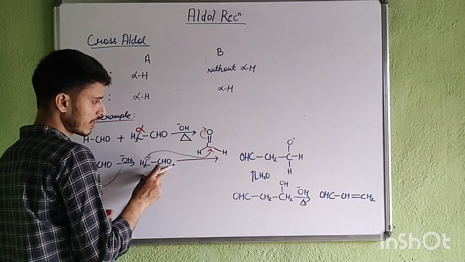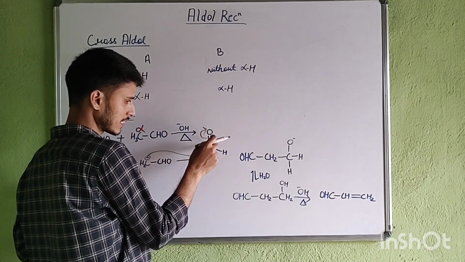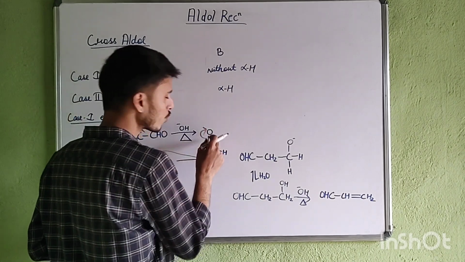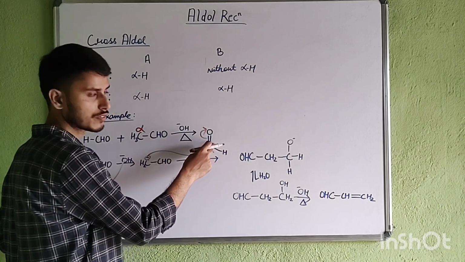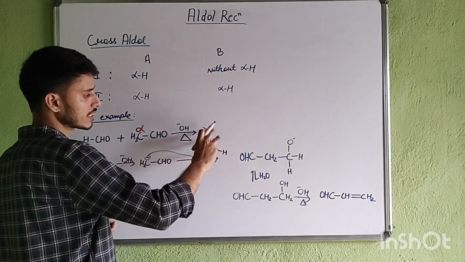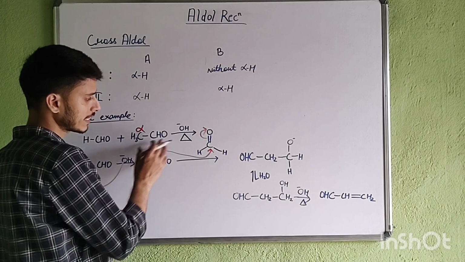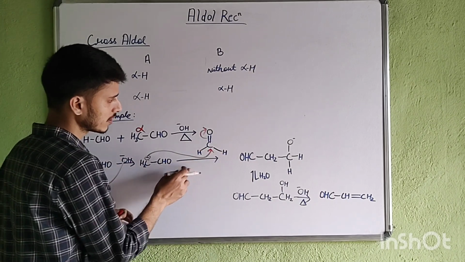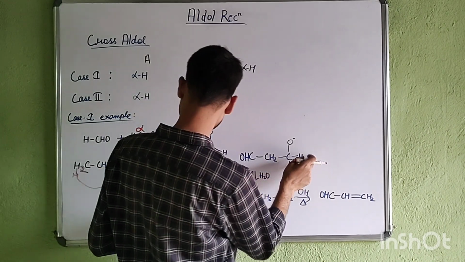This is the nucleophile, and oxygen, being more electronegative, has attracted more of the shared pair of electrons towards itself. So this has a little bit of deficiency, for which it acts like an electrophile. This enolate has done nucleophilic attack here. Then we will have this compound.